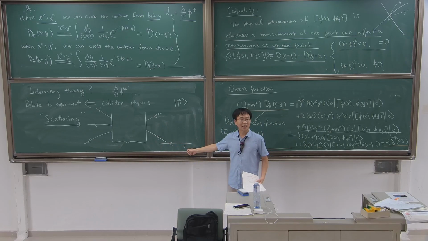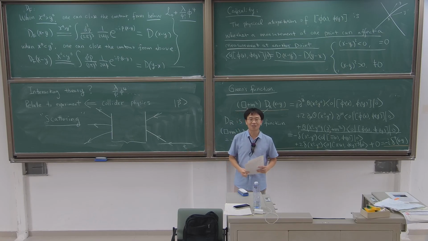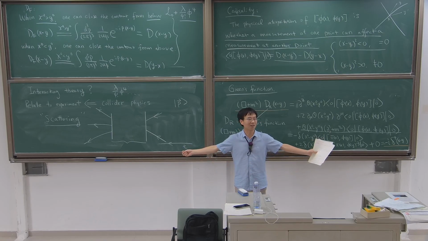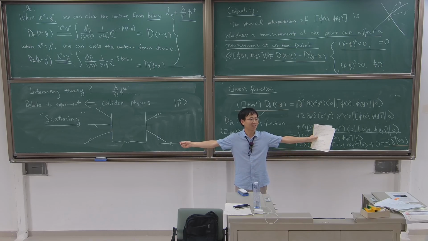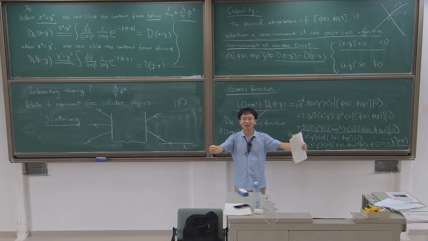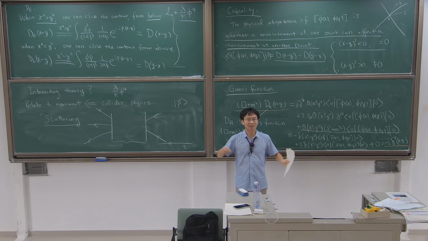at t equals minus infinity, I take two particles. They are very far away from each other, right? Now I design the momentum of these two particles and let them collide. In the finite time regime, because the theory is interacting, they will scatter and interact with each other.